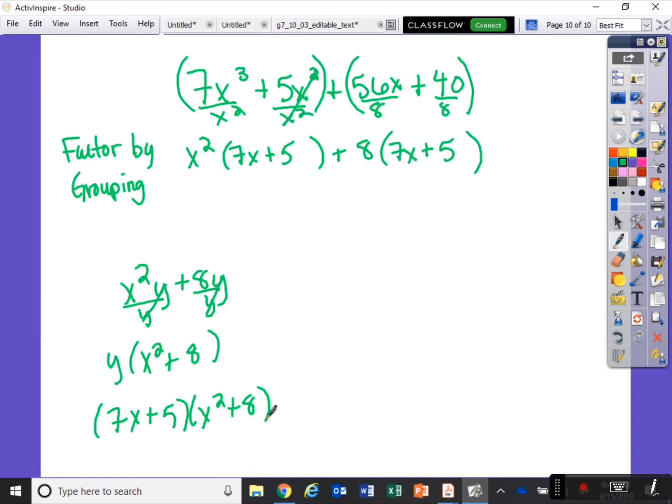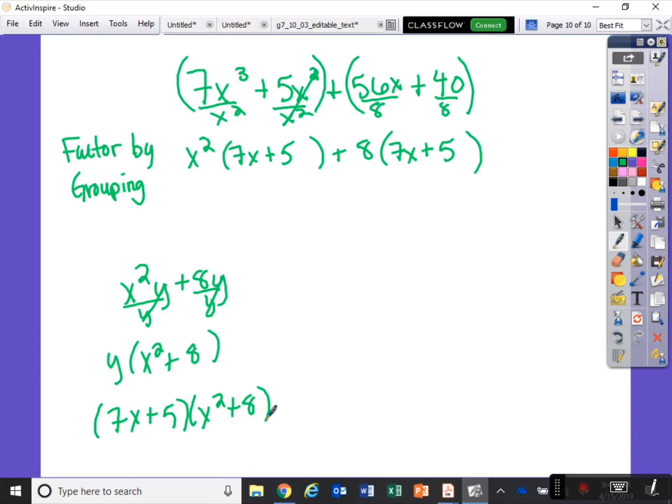Now, these two right here, I let be y, didn't I? Because that makes more sense to us. One letter does, as opposed to one whole parentheses with a bunch of stuff inside of it. I literally let y be that 7x plus 5. Because then when I looked at it, I saw they both have a y in common, so I'm going to pull that y out.